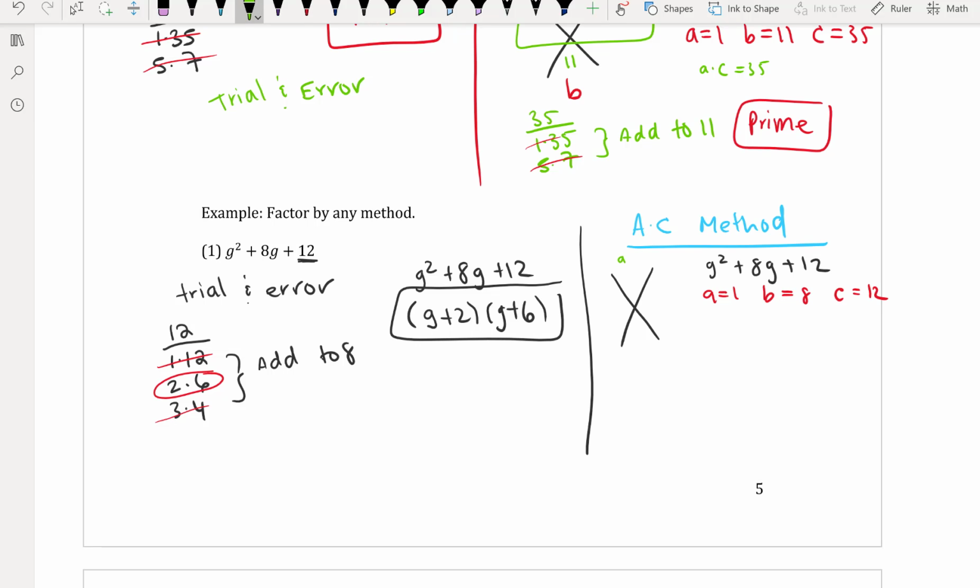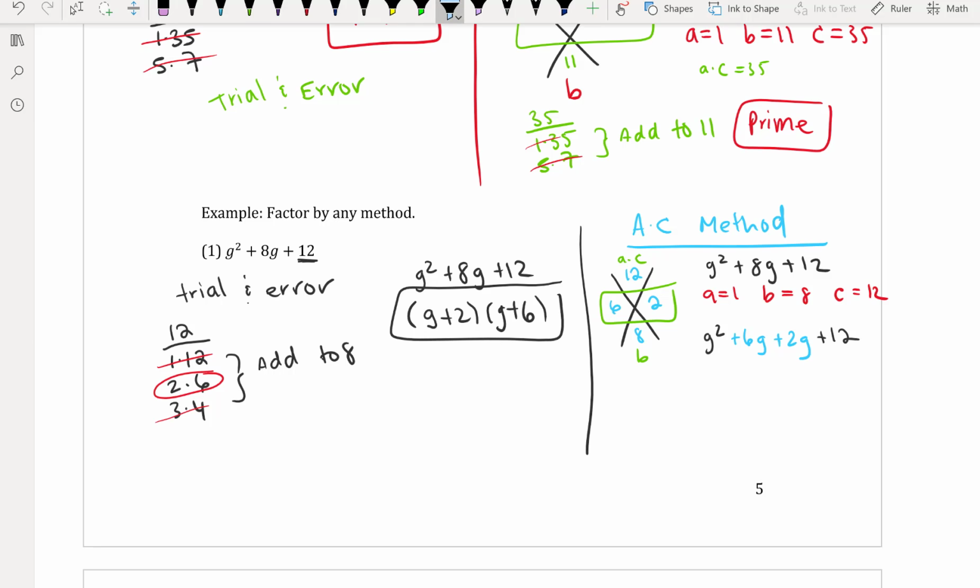And I still have my A times C up on top, my B on the bottom, and what I want to add up to. So my A times C is 12, and my B is 8. The numbers that multiply to 12 and add to 8 are 6 and 2. So I would rewrite this as g squared, plus 6g plus 2g, and then plus 12.